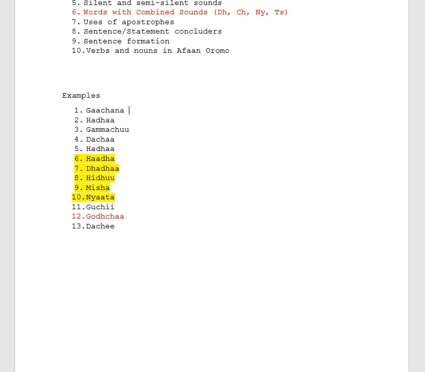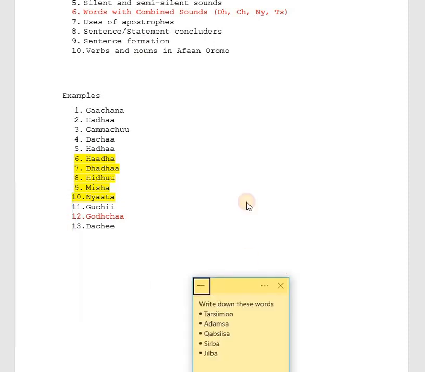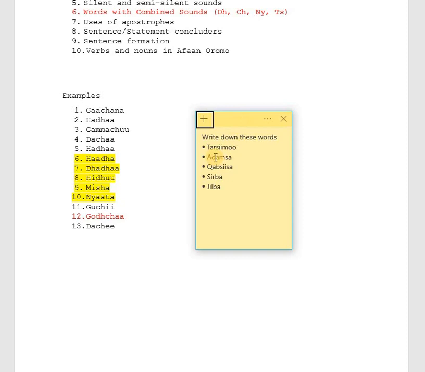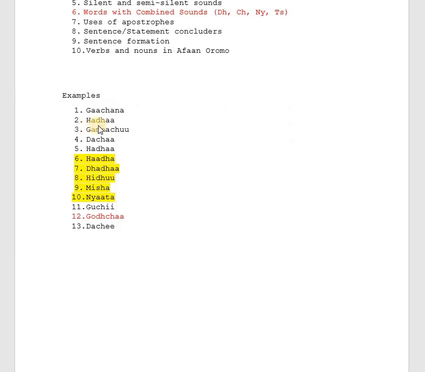As we've seen with the silent sounds, even though the last sound after the silent is strong, like in Adamsa, where sa is strong, we never double that sa. That's the rule as well. It's the same way when writing with these compound sounds.